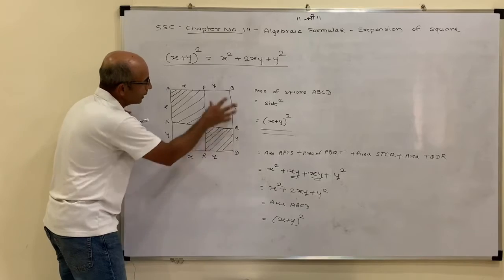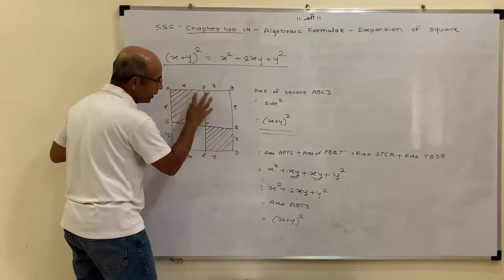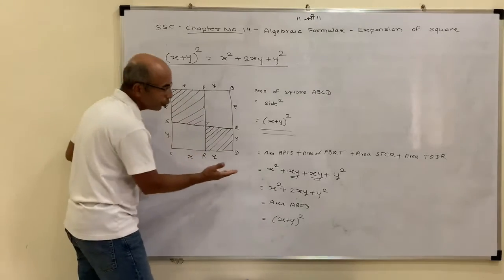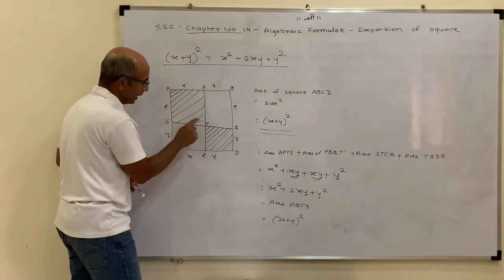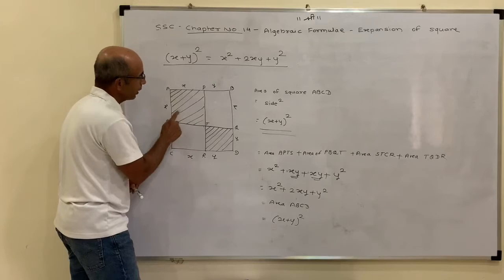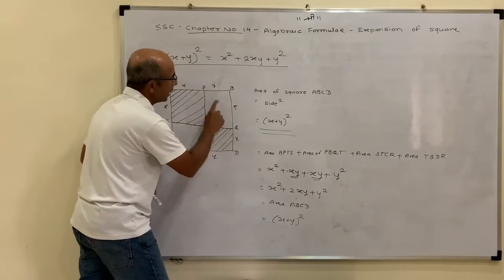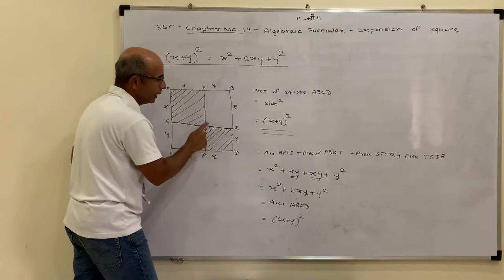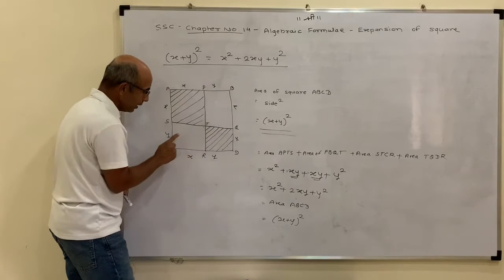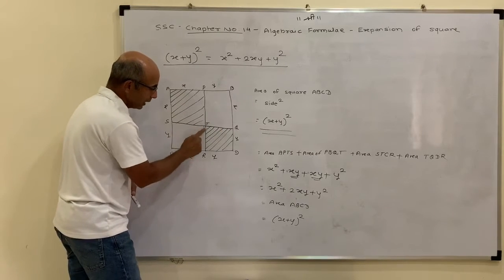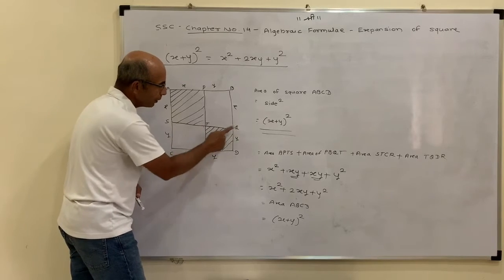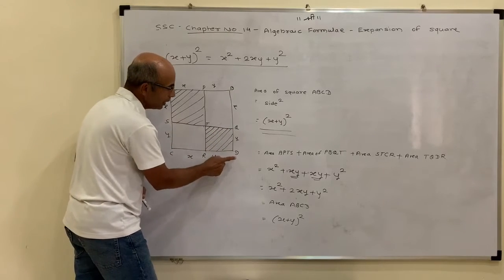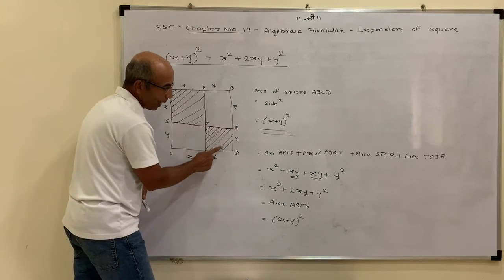So I calculated the area individually of each part and then added them together. So area of APTS, which is a perfect square, is x square. Area of PBQT is x into y. Area of STRC is x into y. And area of QTRD, which is a perfect square, is y square.